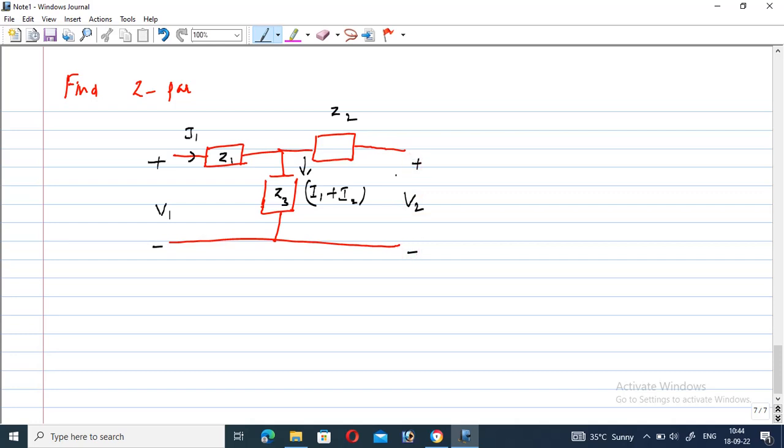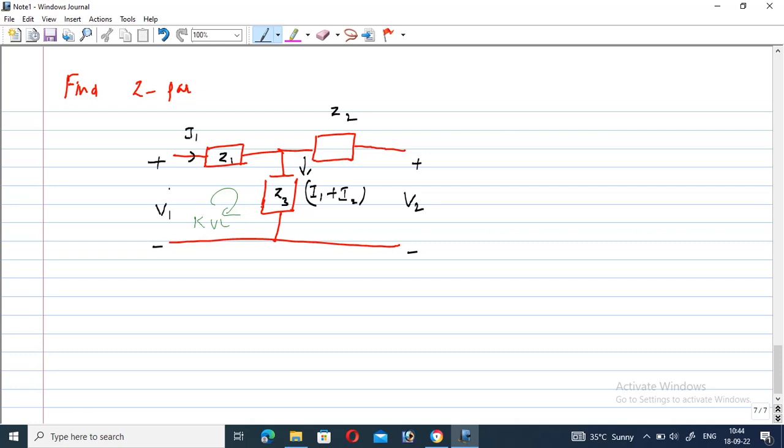This is the data they will give. From this data you have to find the Z parameters for the circuit. So first of all, apply KVL in loop 1. What happens if you apply KVL? KVL means Kirchhoff's voltage law.